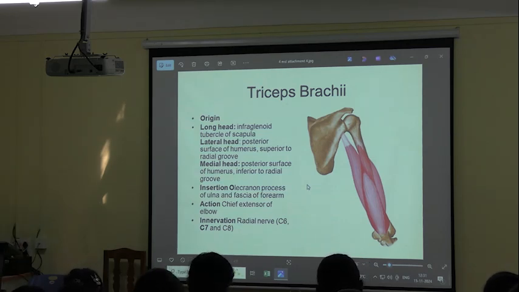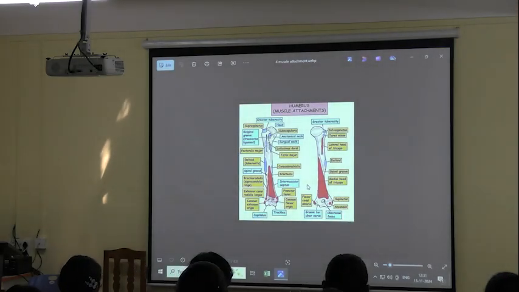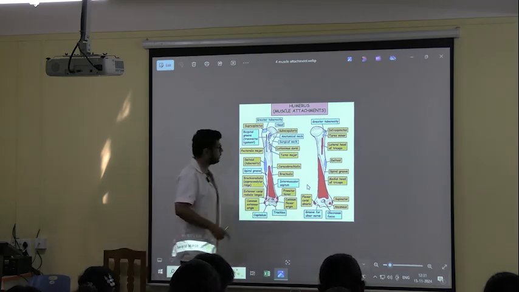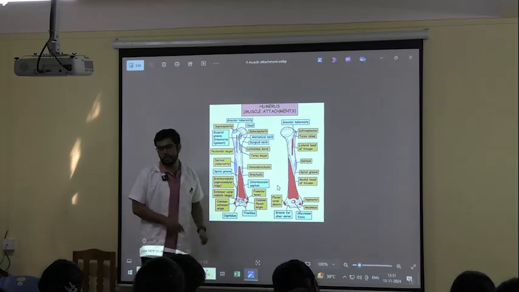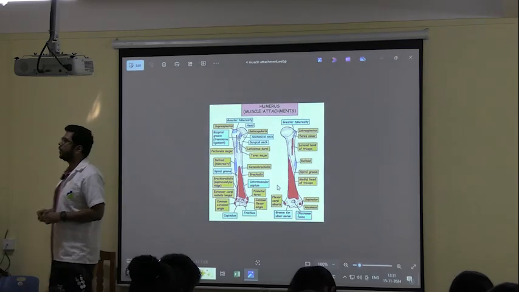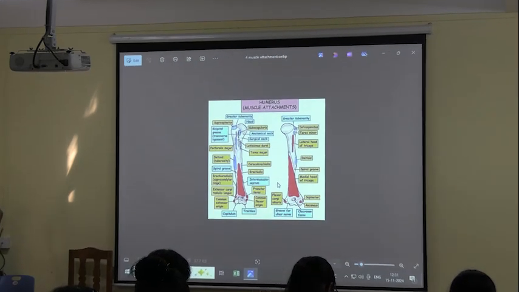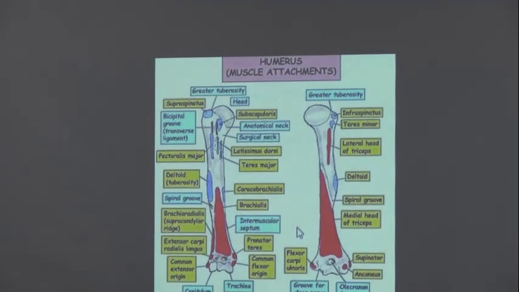So you can see the other 2 heads. One is the lateral head, one is the medial head. This is the spiral groove. You write: in the posterior aspect of the humerus there is a spiral groove for the radial nerve.